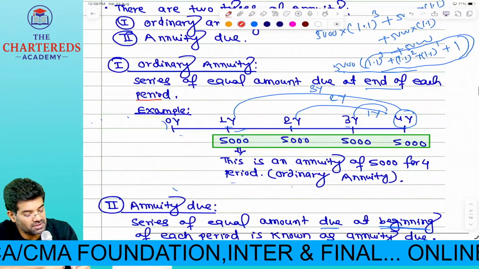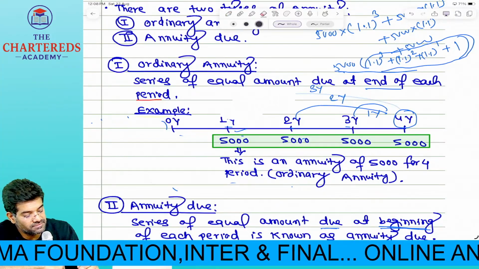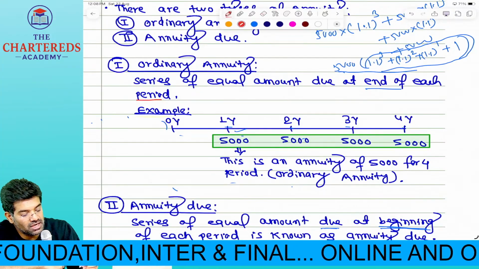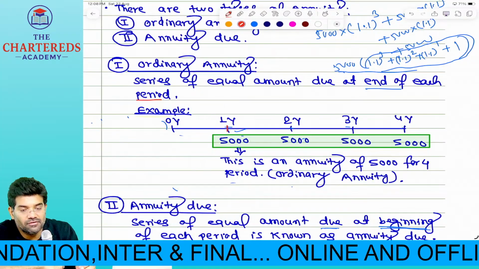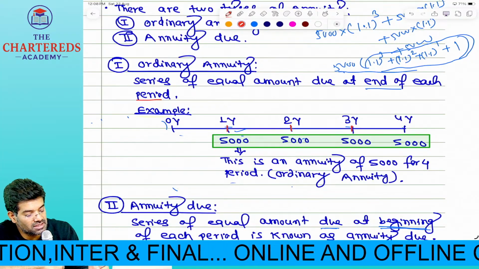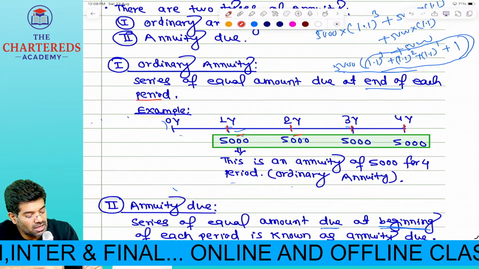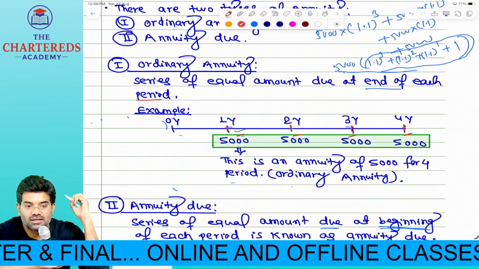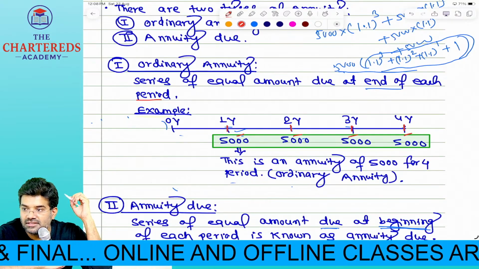Ordinary annuity. A series of equal amounts due at the end of each period. See this example. In this, 4 years is given. At the end of every year, first year, second year, third year, fourth year, an equal amount is being invested here.